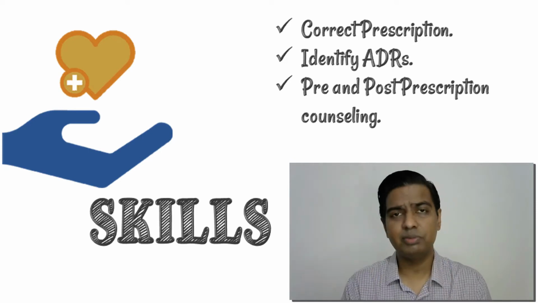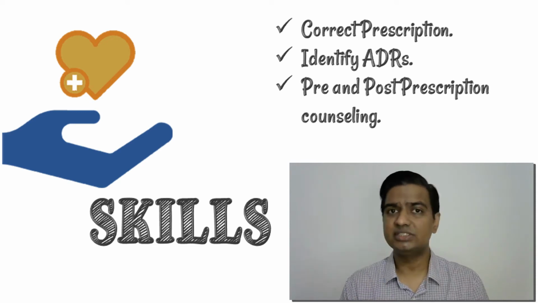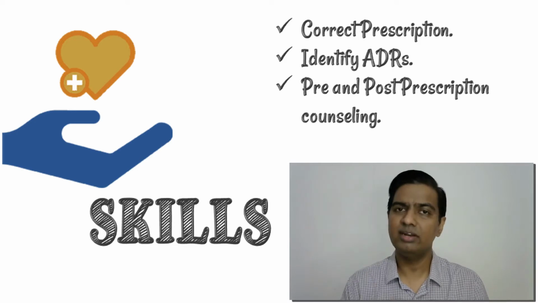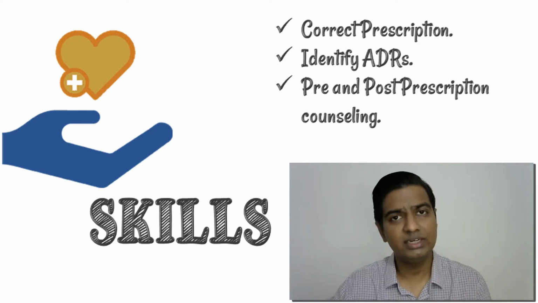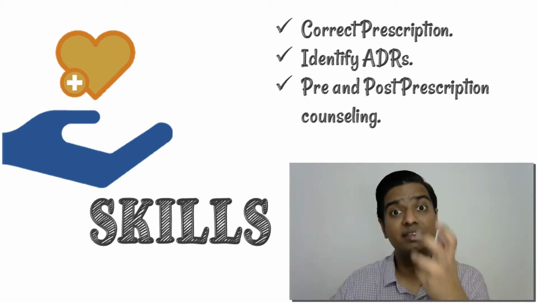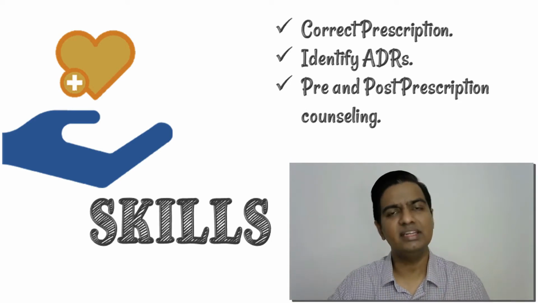You also must be able to explain to the patient what adverse reactions they should notify you about and what is supposed to be done about it. So all these things are included under the topic called skills that the university expects you to know.